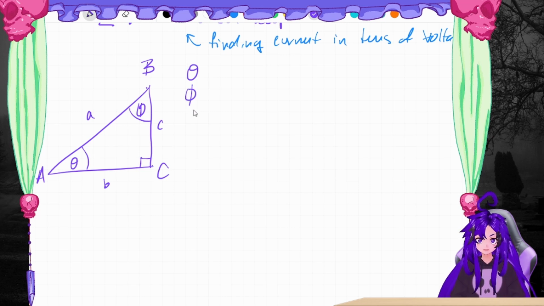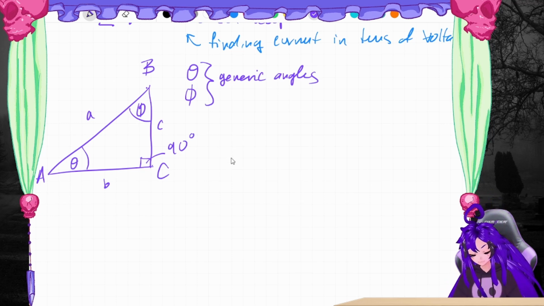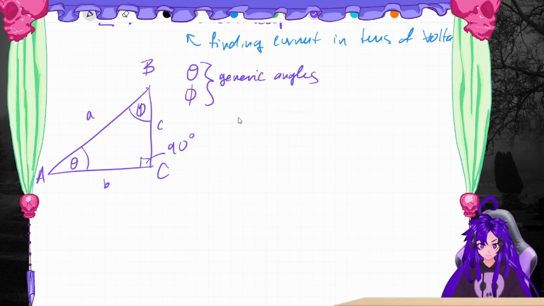Theta and phi, these are just generic angles. This one's the 90-degree angle. None of this requires right triangles, but that's okay because you don't have to think about that. It's all somehow right triangles, because math is weird.